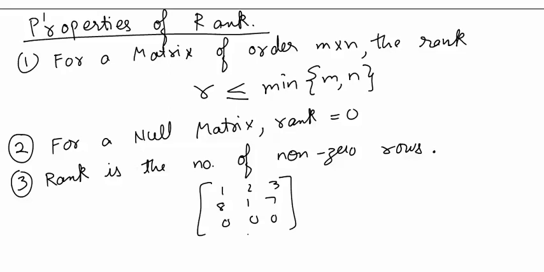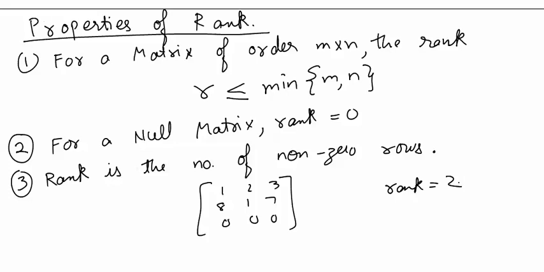This is a 3 cross 3 matrix, right? So rank is definitely equal to 2, because we don't have a third order determinant which is not equal to 0. You cannot form a 3 cross 3 determinant which is not equal to 0. It will always be 0.